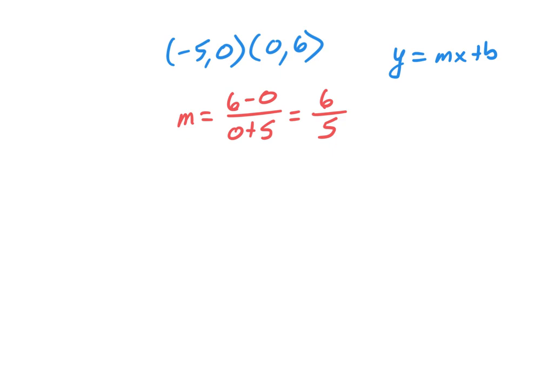Left 5, right? If I graph negative 5, 0, this touches the x-axis. Right? So that would be the x-intercept. Negative 5, 0 is what we call the x-intercept. 0, 6 is on the y-axis. So that would be my y-intercept.